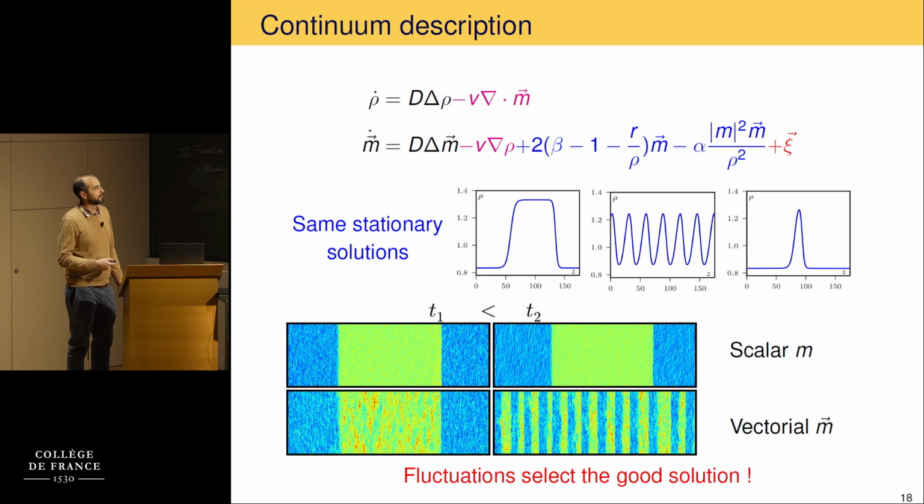And for the scalar magnetization, we see that it remains the same. For the vectorial one, you see that the fluctuations are quite different. There are the giant density fluctuations that maybe you've heard about. And this breaks down the phase separation and leads to this microphase separation. So the fluctuations really select one or the other solution.